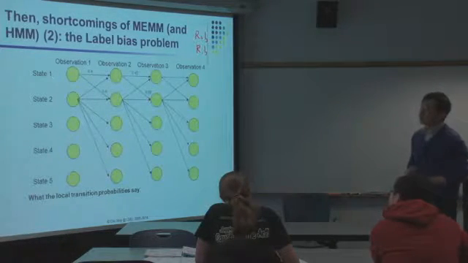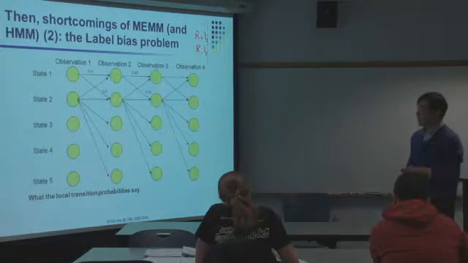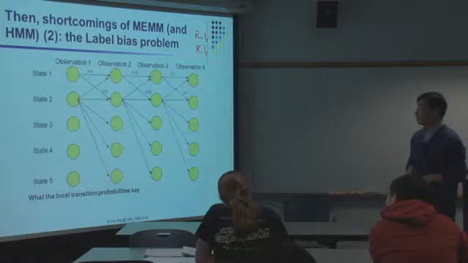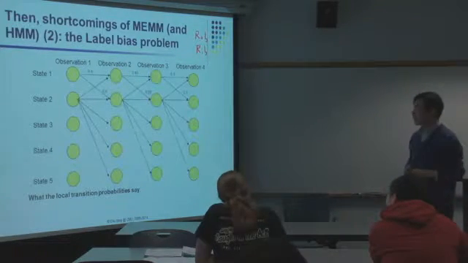The first state, for whatever reason, always brings you to only two states, with probability 0.4 to this one, and it has no probability of going into any of the other three states. Imagine you learned that from training data.